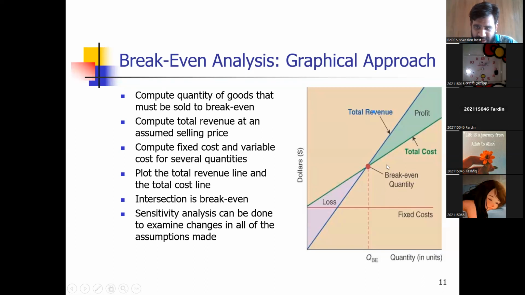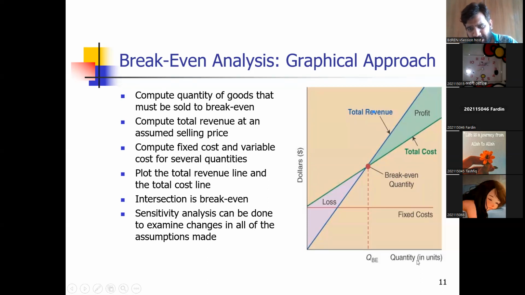Variable cost in between, other than fixed cost. So when the total cost and the sales revenue is equal, the point is known as break-even point, maybe quantity or maybe dollar.